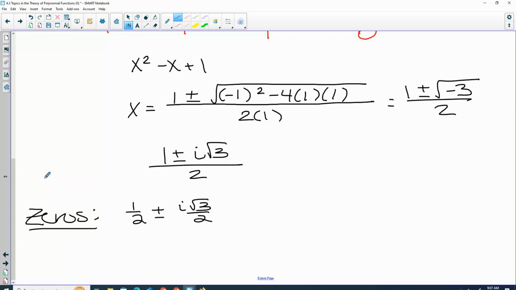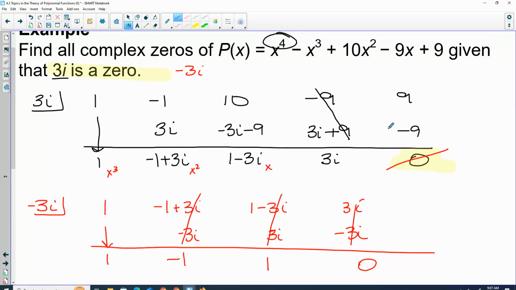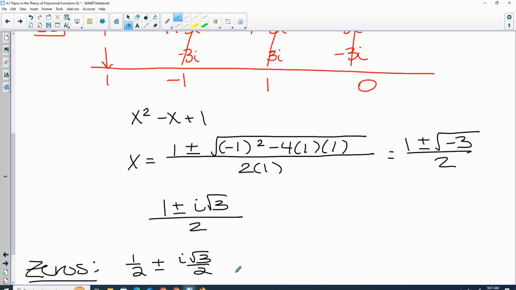I asked you for all zeros here, not just the remaining ones, all of them. This is 2 of them. 1/2 plus that, 1/2 minus that. It was originally an x to the 4th, so we know we have 4 total zeros. What are my other 2? Positive and negative 3i. So this one, all of my zeros were imaginary.